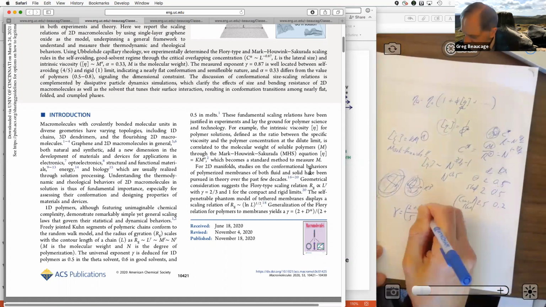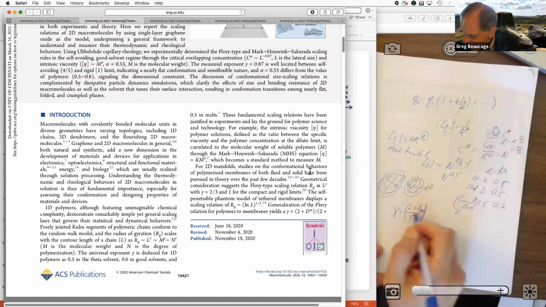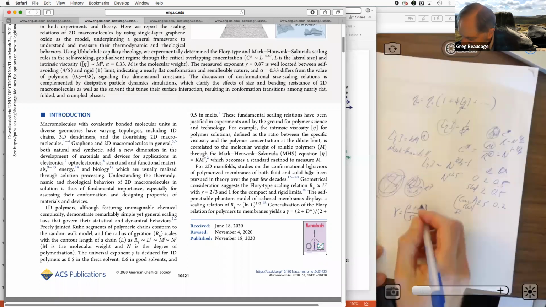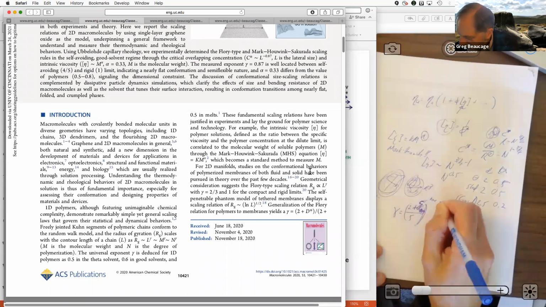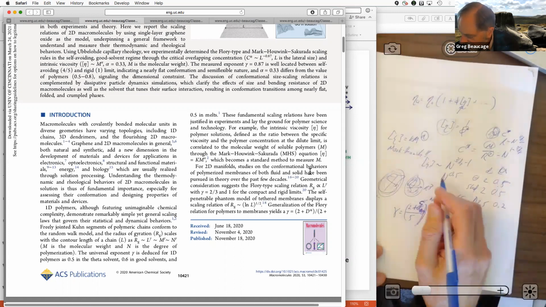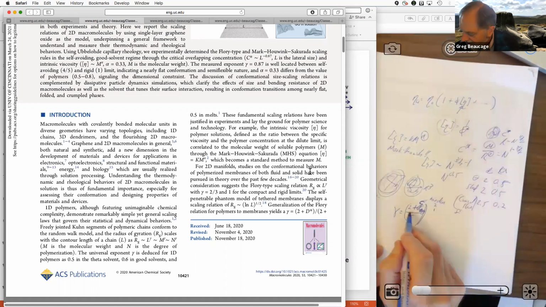So the object's, not d min, c, sorry. That's the object dimension, or topological dimension. So for a sheet, c is 2, for a linear chain, c is 1. Right, so 2 plus 1 is 3, you get 3/5 for gamma, which is, gamma is 1 over df.